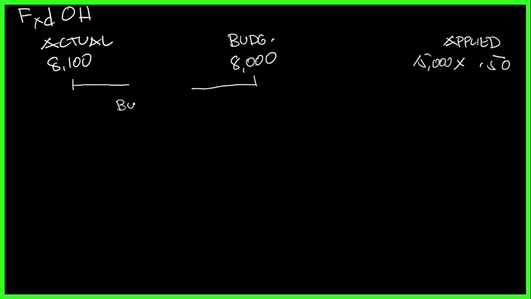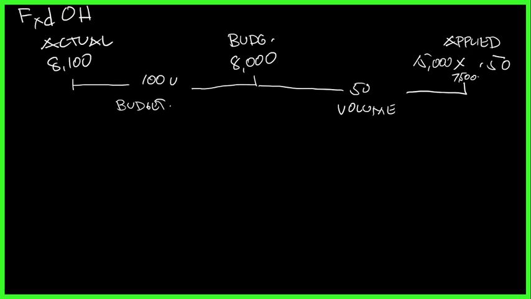Okay, so this is now your budget variance. How much is your budget variance? You now have 100 na unfavorable. And this one, okay, this is now known as your volume variance. 15,000 times 0.5, this is 7,500.